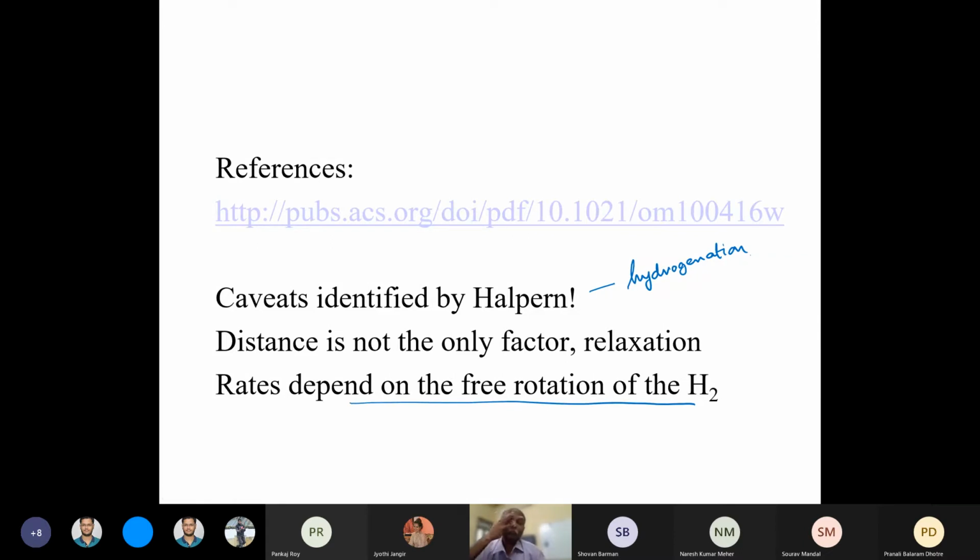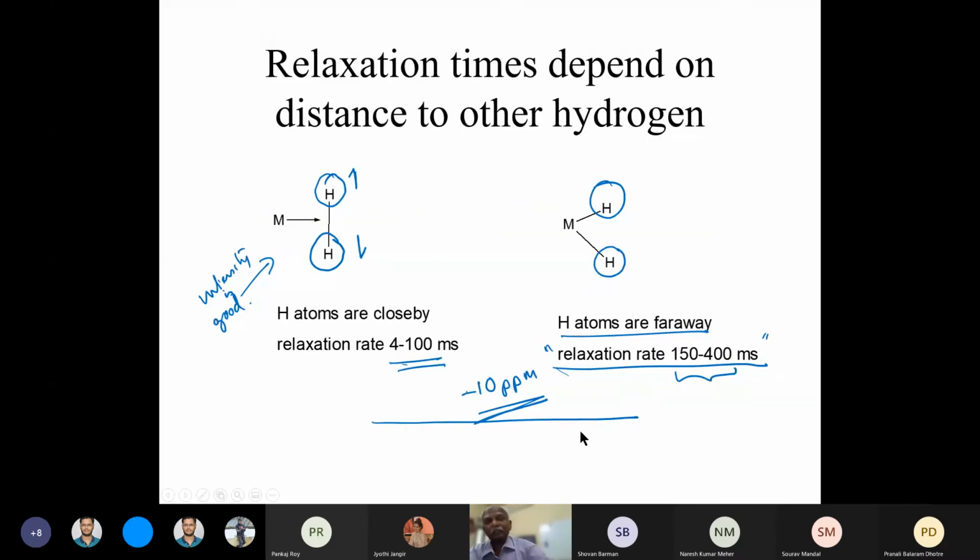So what he said was that the ability of the hydrogen to rotate around this axis is also affecting the relaxation rate. It is not just the distance. So if you remember methyl groups, CH3 methyl groups, for example, result in very good intense signals for 13C resonance.